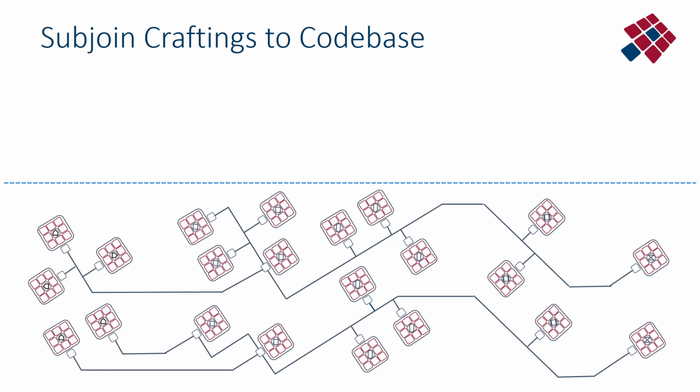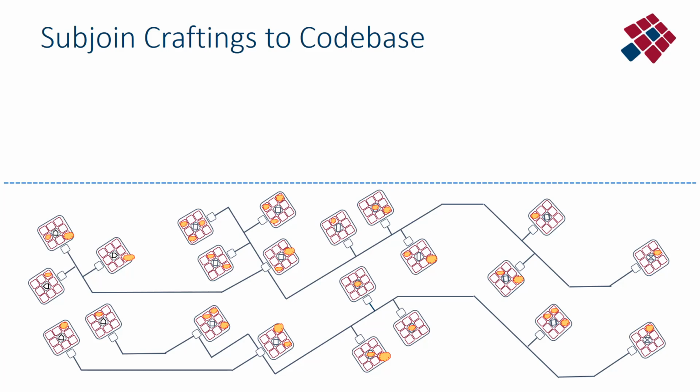A fourth dimensional viewpoint is the craftings, the custom code. As we have mentioned before, we do not believe it is possible to make code generators that can generate all kinds of software applications without the need for any custom code. So you would need additional custom code or craftings.